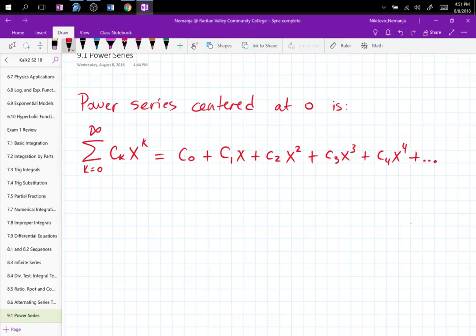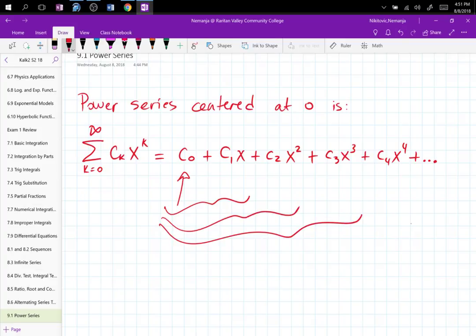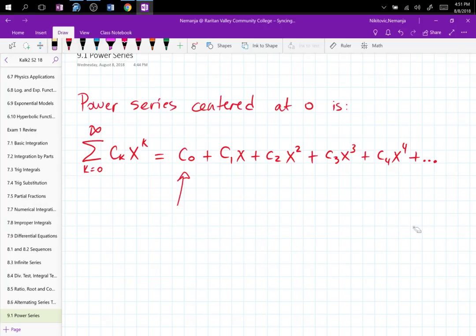Now I hope you guys see an infinite polynomial over here, because you have a constant, then you have the linear, then you have quadratic, cubic, quartic, and so on. So they're all there.